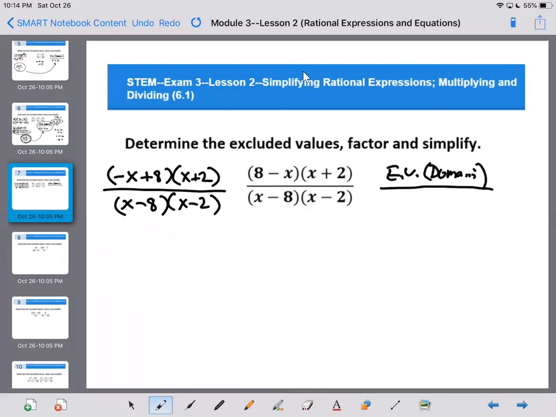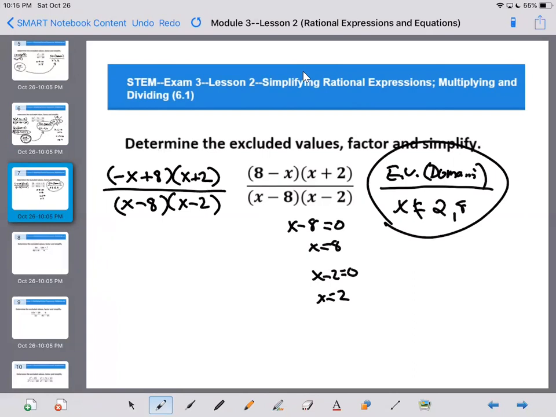And so my excluded values, part of my domain. I'm looking at x minus 8 is equal to 0, so x is 8. x minus 2 is equal to 0, so x is 2. So x cannot be 2 and 8. So I've stated those. Now I'll come back over here and I'll see that the x plus 2 and the x minus 2 will not divide out.